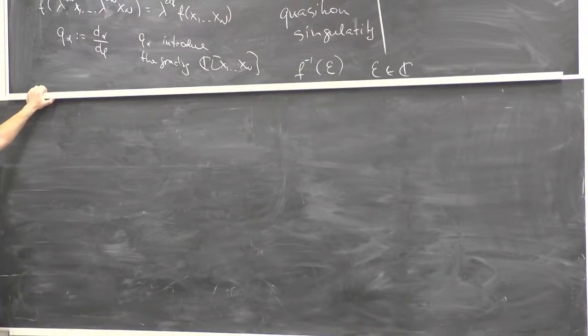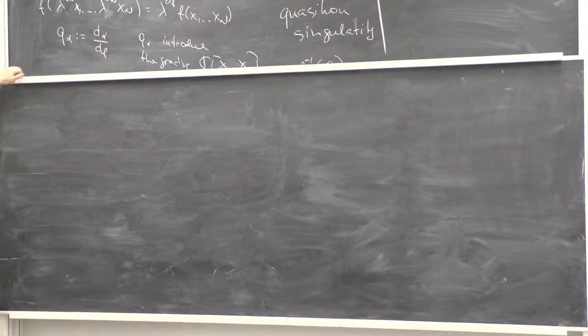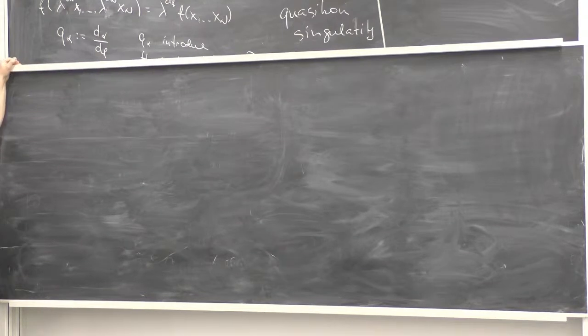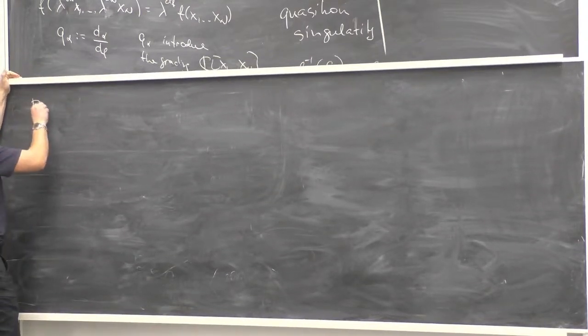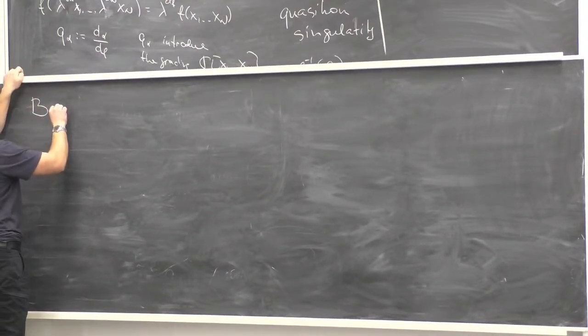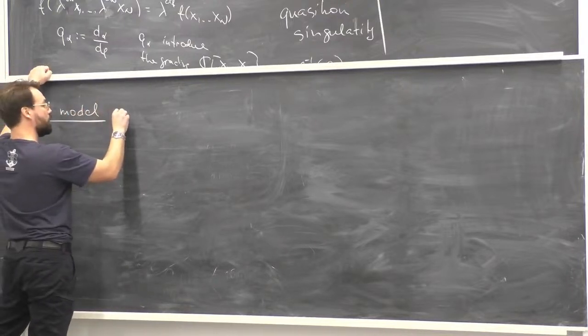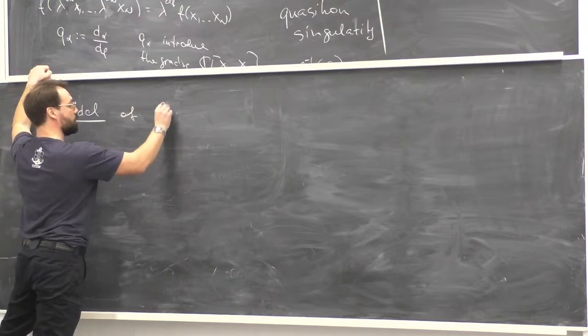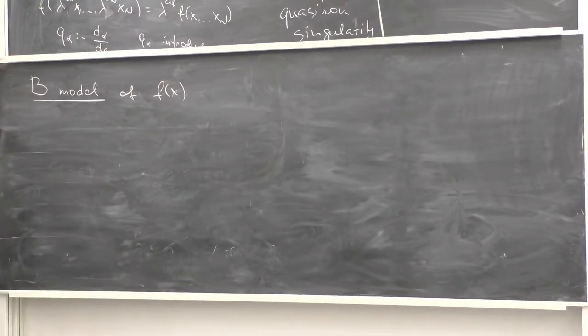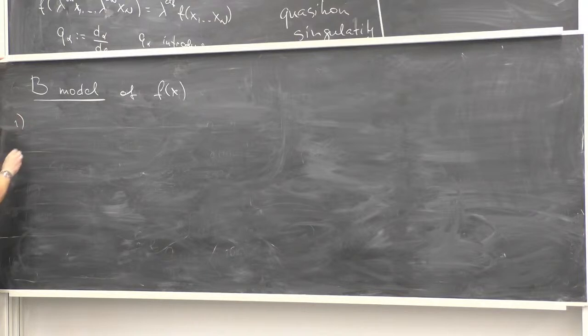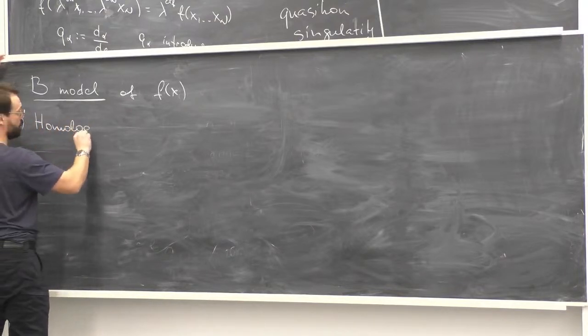Will you give a definition of what you call the B model? Yes and no. The point is that there are at least two canonical ways to construct a B model of such an f. One more or less canonical way is used in homological mirror symmetry.